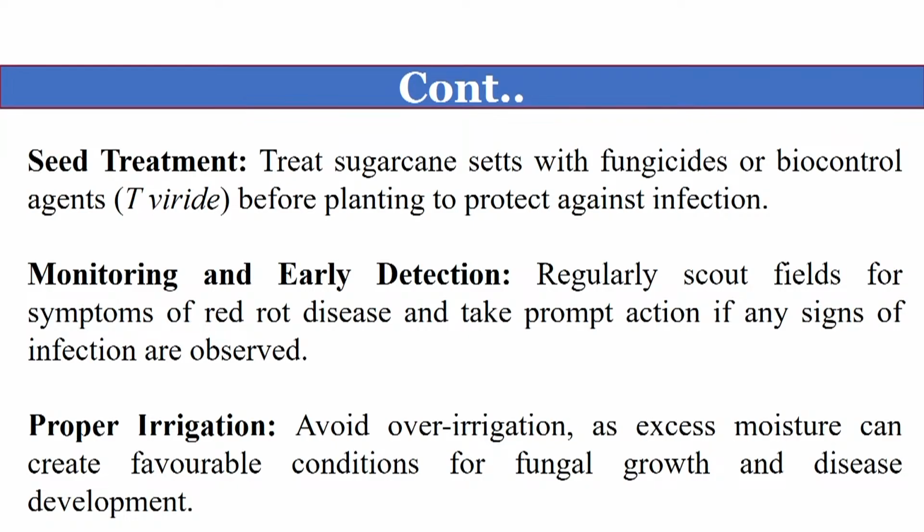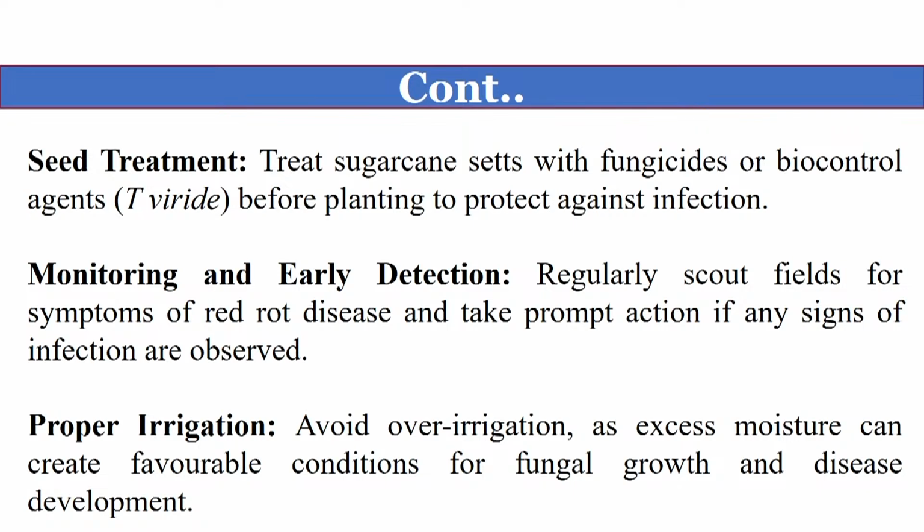The next point is that you have to monitor the field regularly. If symptoms appear at an early stage, you have to take prompt action if any sign or symptoms of infection are observed.